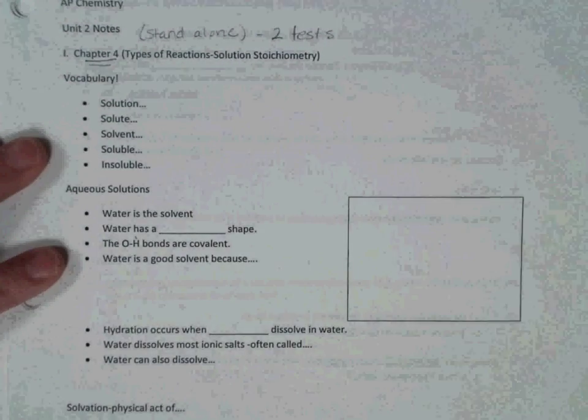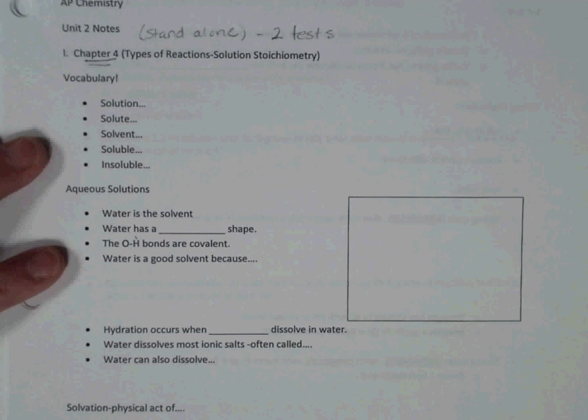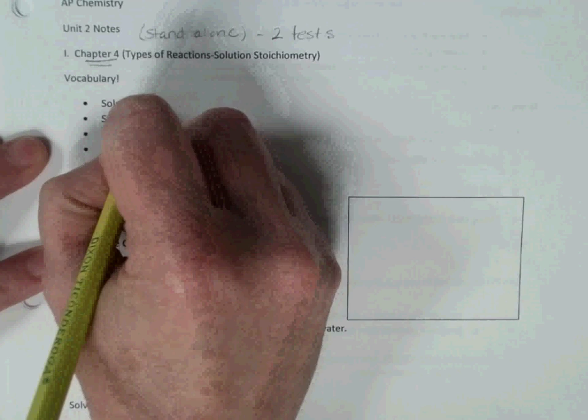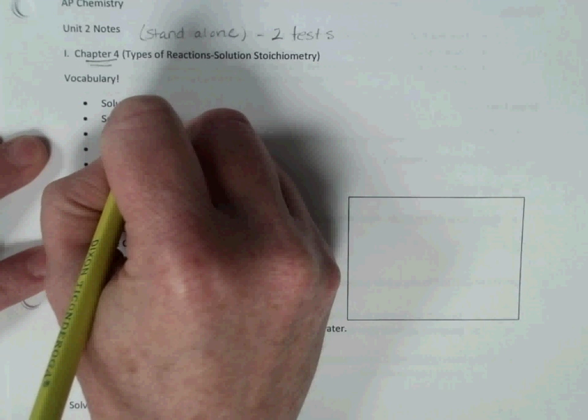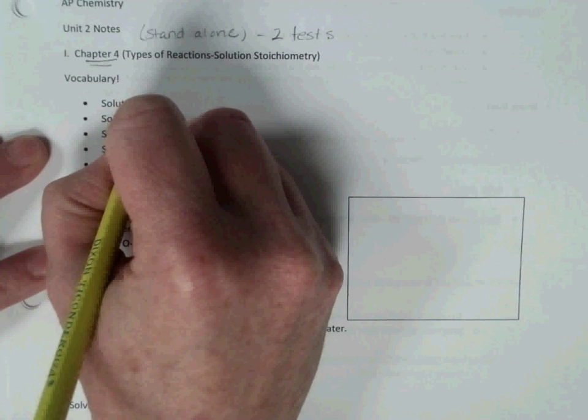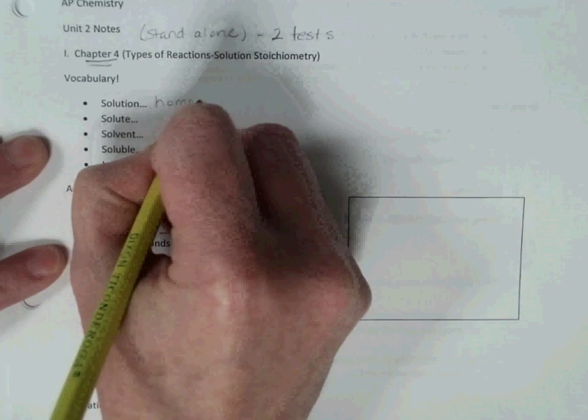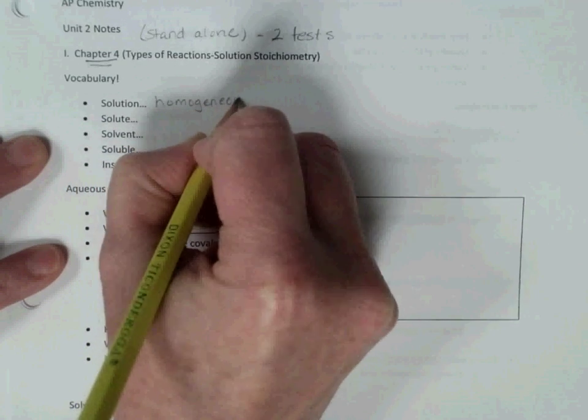There is some vocabulary that goes with this, and some of this stuff should be a piece of cake. This stuff goes way back to 8th grade physical science, okay? A solution. What kind of a mixture is a solution? Very good. This is a homogeneous mixture. It means it's the same throughout, right?